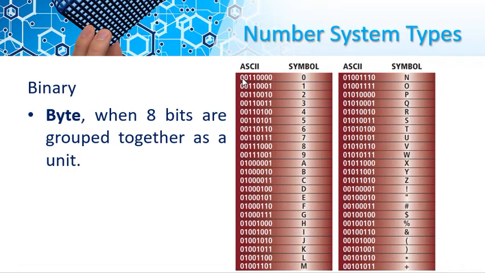So how many combinations? If you have 8 bits, then you have 0 and 1 in each bit, so you have a total of 256 individual characters, a combination of 0 and 1s. These are samples, class. If you have a symbol, it is a combination of 0 and 1s, and this is unique.